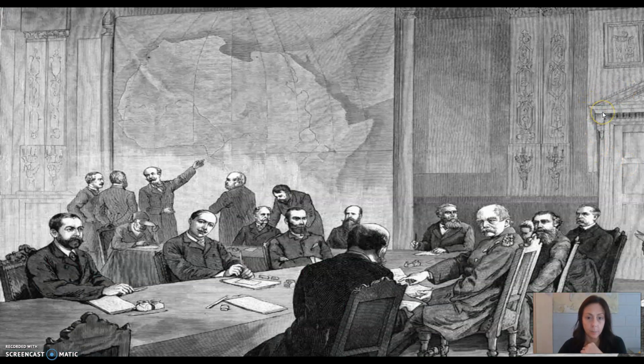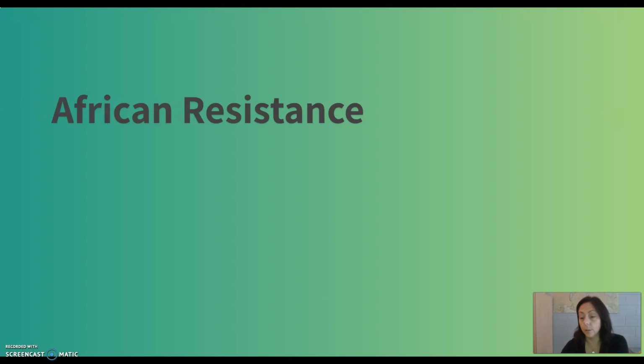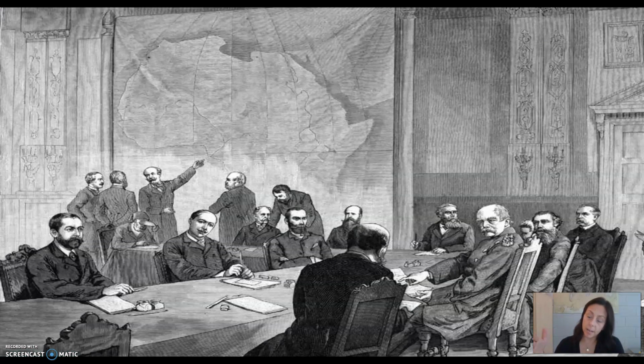So there they are with the map of Africa, a drawing representing the Berlin Conference. What they did was they did not pay any attention to lines and divisions that were already part of Africa, places that had separate ethnic groups, or geographic features that you would take into consideration when you're mapping out land.